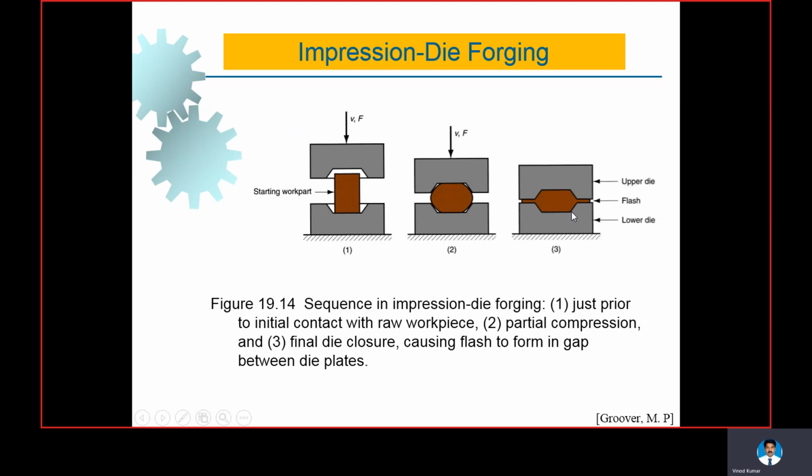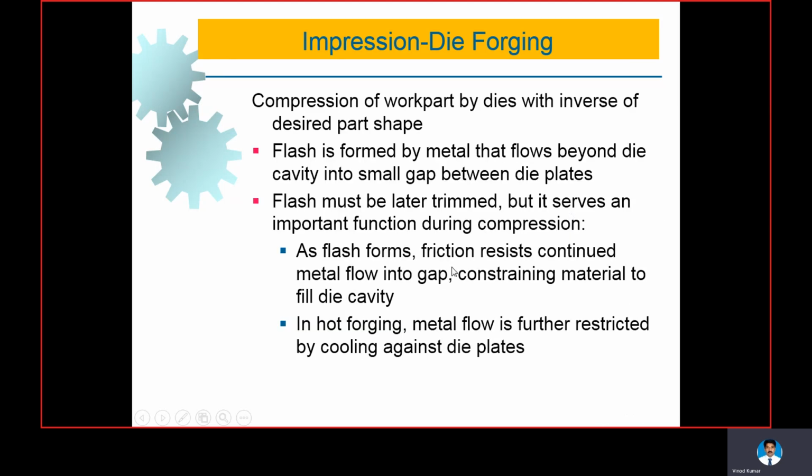Sometimes this flash will help in the forging operation in terms of friction. Yes, of course, the flash must later be trimmed and removed, but as flash forms, friction resists continued metal flow into the gap, constraining material to fill the die cavity. It is like a blessing in disguise.